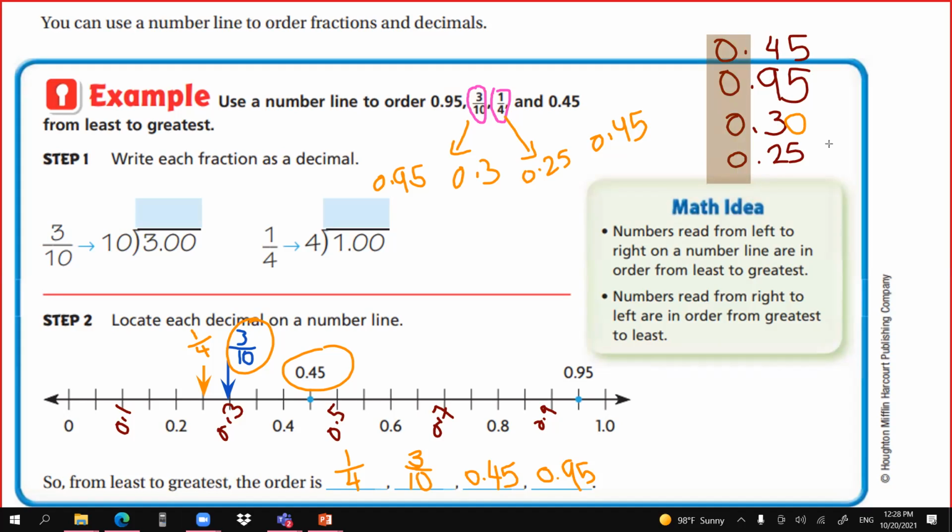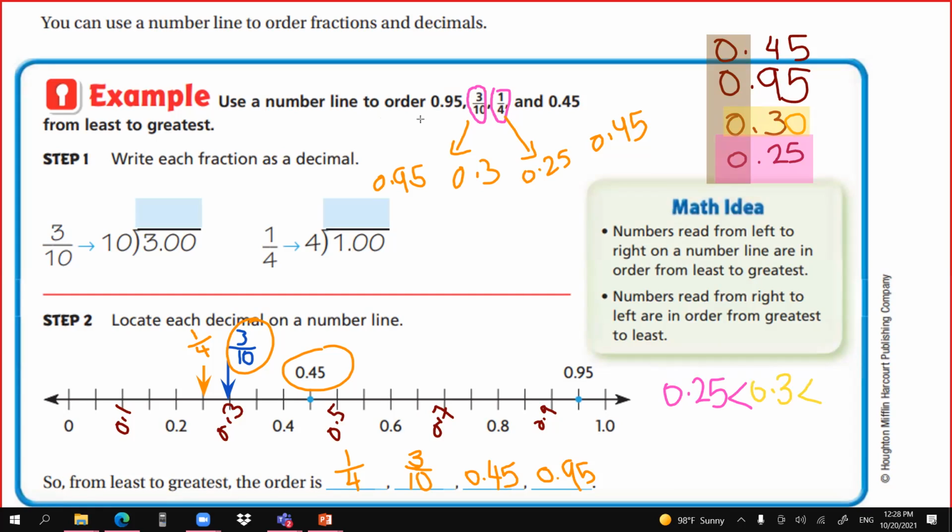This one. Is it right? 2, 3, 9, 4. This one is the least one. So that means 0.25 is the least one. Then, what do we have next? 0.30, bravo.